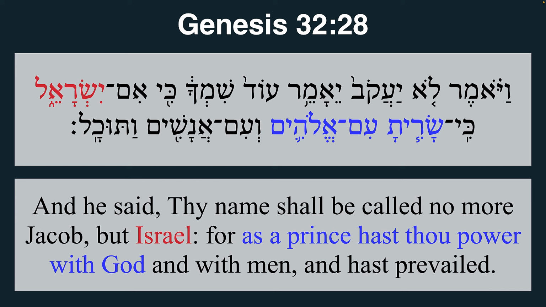Similarly, we have the name change of Jacob. He was called Israel. Here we read about the angel who fought with him: Vayomer lo Yaakov lo yeamer od shimcha Yaakov ki im Yisrael ki sarita im Elohim.